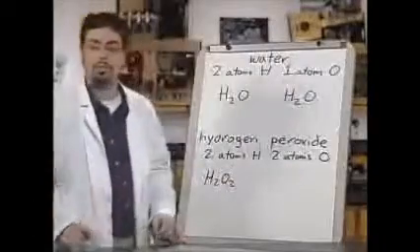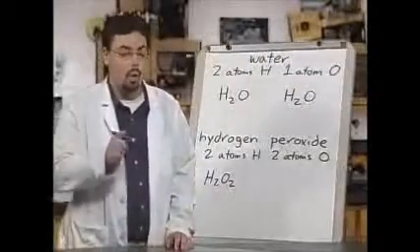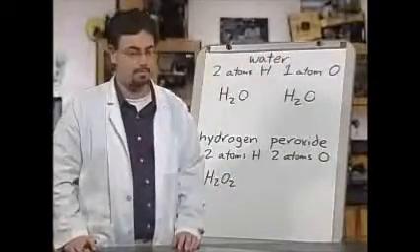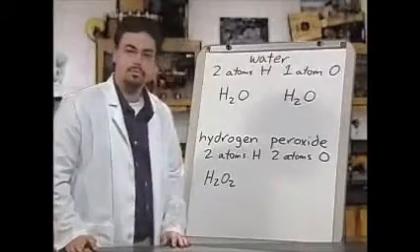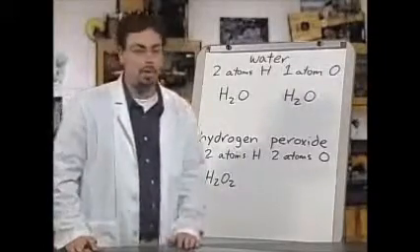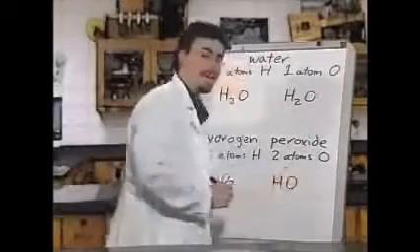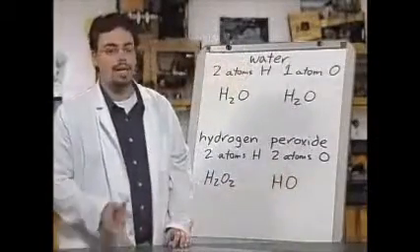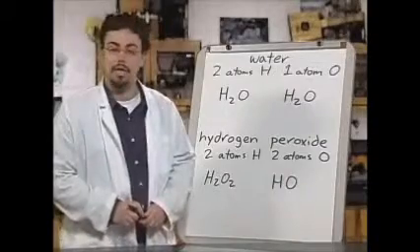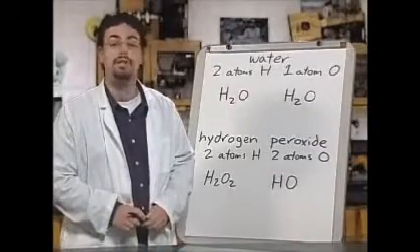H2O2, of course. Now, what would be the empirical formula? The simplest whole number ratio of the atoms would give us HO. In this case, the molecular formula and the empirical formula are different.